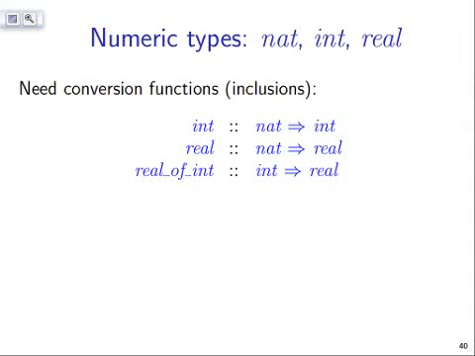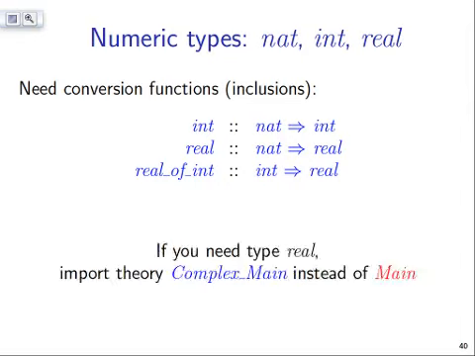You need to convert explicitly from one type to the other. It's not like a subtype system where one type is a subset of another. It's like in a programming language where when you go from int to real, you have to apply a function to do it. So you have the function int that converts the natural number to an integer, real converts the natural number to a real, and if you want to convert int to a real, there's a special one, real of int.